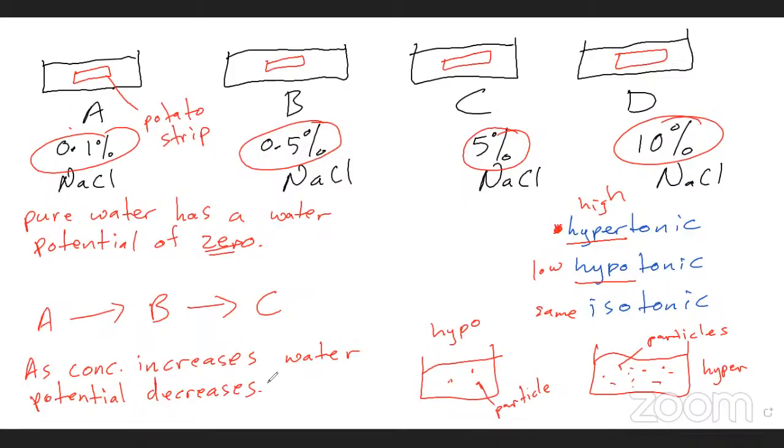So water moving from a higher water potential to a lower water potential is the same thing as water moving from where it is higher in concentration to where it is lower. All right.